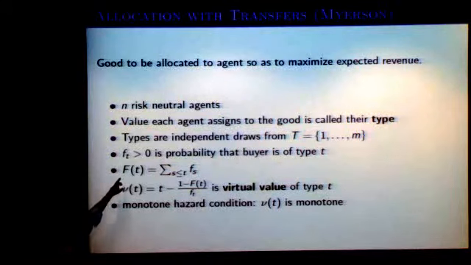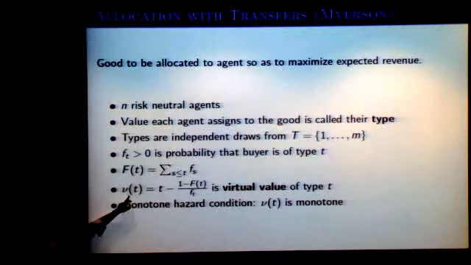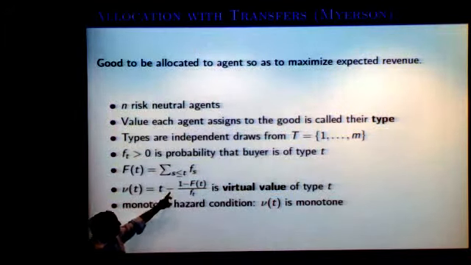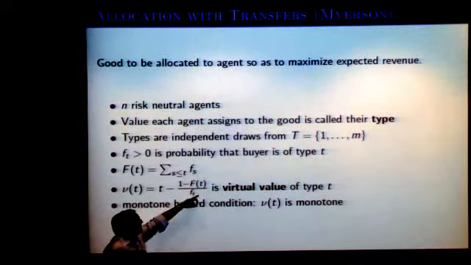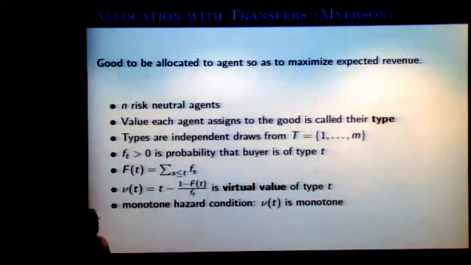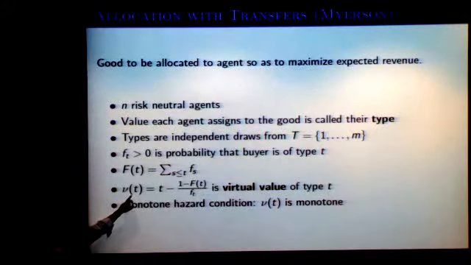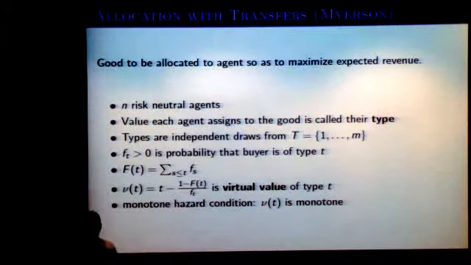Capital F is the distribution function. And here's a new thing which I didn't have yesterday, nu of t, which is t minus this object, and this whole thing is called a virtual value. Sometimes it is common to impose an assumption on the virtual value, which is that this object is monotone. That's known as the monotone hazard condition.